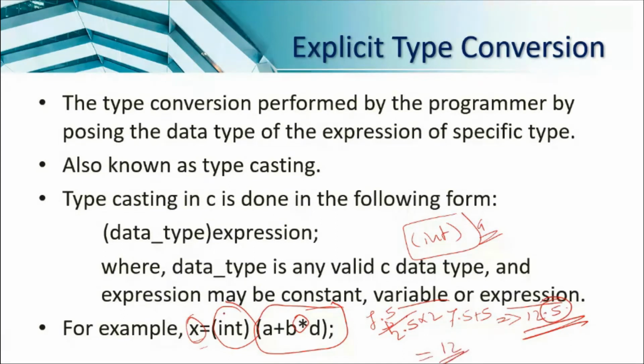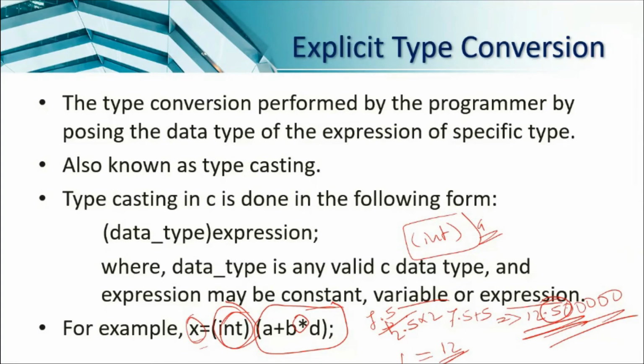So x will be assigned the value 12 if we do a typecasting using integer. On the other hand, if we typecast it to double, then there will be a number of zeros to the right of this answer. This is just because of the precision, how many digits are possible after the decimal point.